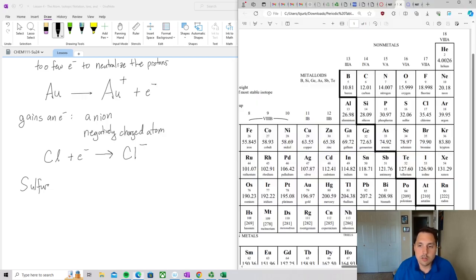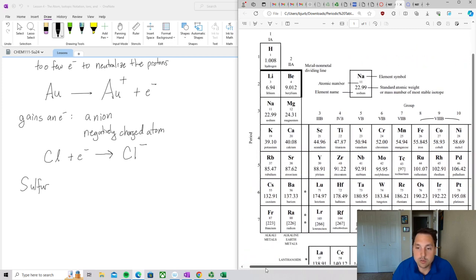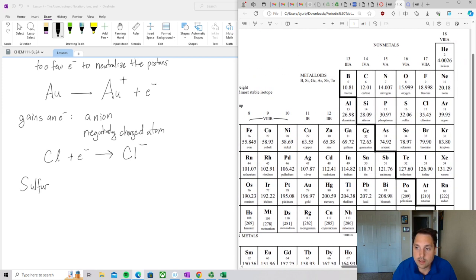Well, sulfur is to the right on the periodic table, and we're going to soon learn that anything that's to the right of this zigzag line, this staircase, is typically going to want to gain an electron. Anything to the left of it will typically want to lose an electron. And we'll explain why that is later on. And then this 18th column typically doesn't like to either gain or lose an electron.